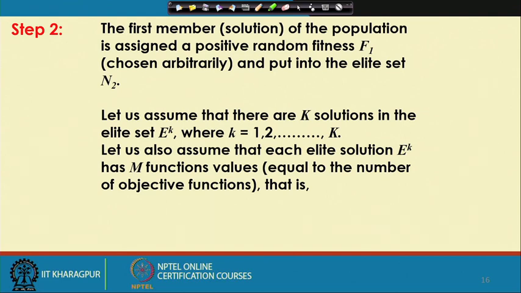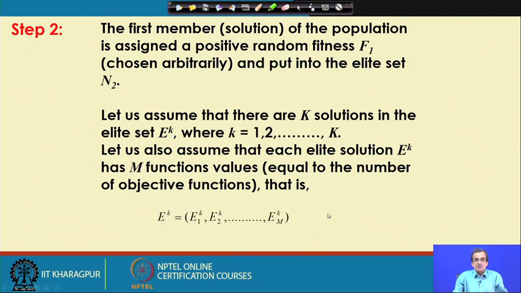Now, let us suppose that after a few iterations, there are capital K solutions in the elite set, E_k, where small k varies from 1 to capital K. Let us assume that I am solving a multi-objective optimization problem having capital M objectives. Then each E_k will have capital M numerical values.